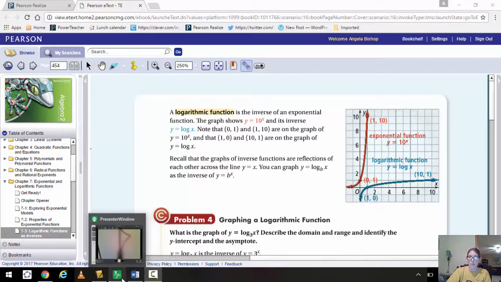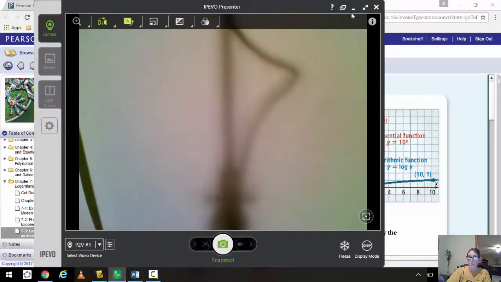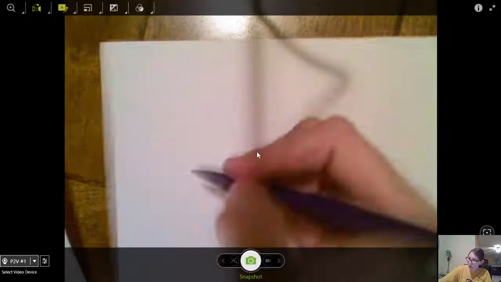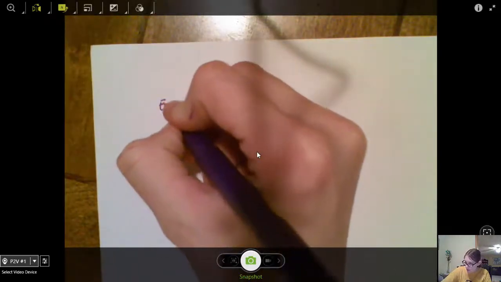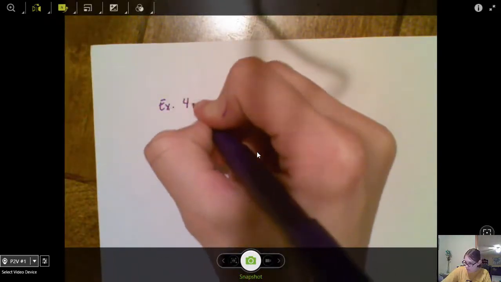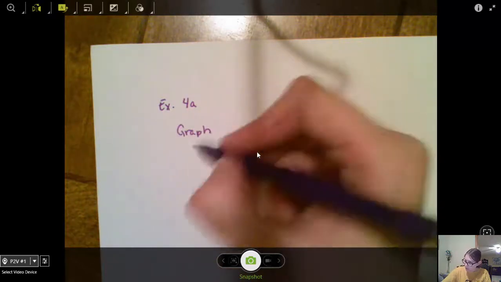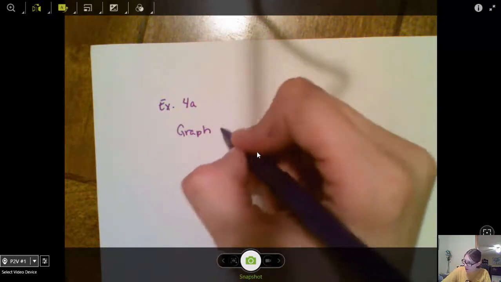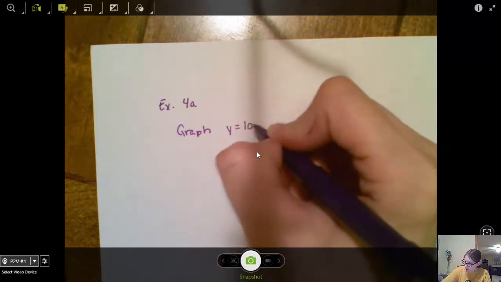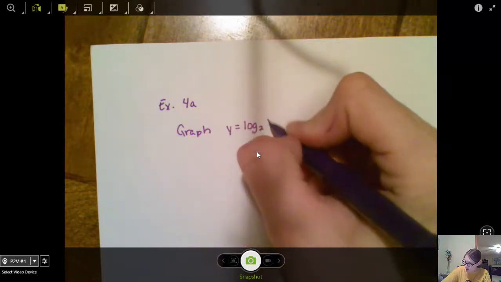Okay, let's do an example of graphing and kind of go through the process of how we can actually graph. So let's graph the function y equals the log base 2 of x.